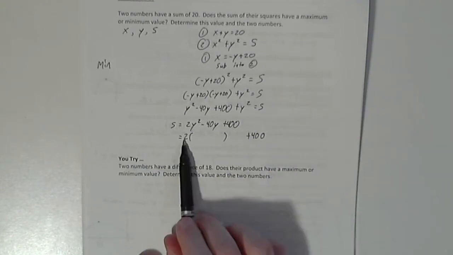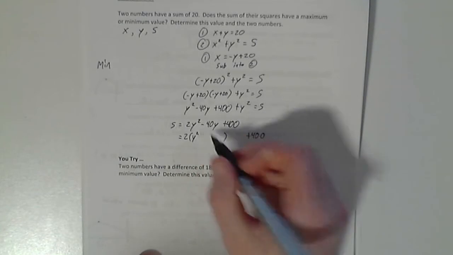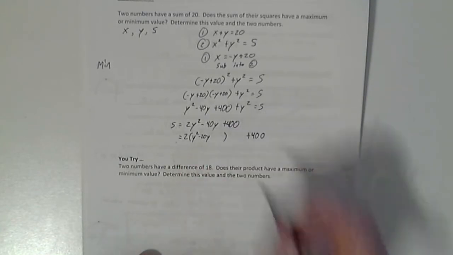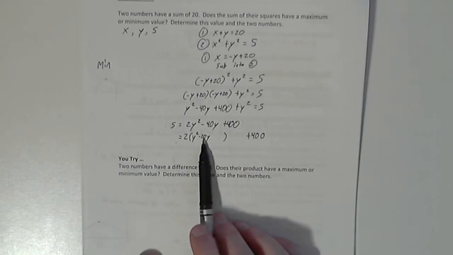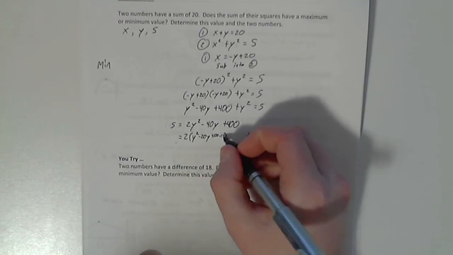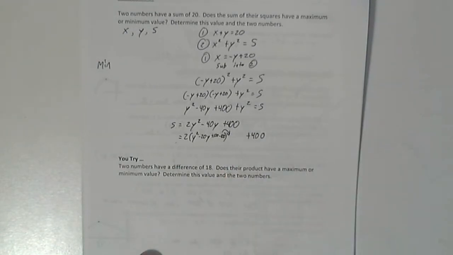Throw out the 400, common factor the 2. We leave y squared minus 20y, divided by 2. Negative 20 divided by 2 is negative 10, squared is positive 100. Should have left more room in my brackets. Well, that's fine. And kick out the negative 100.